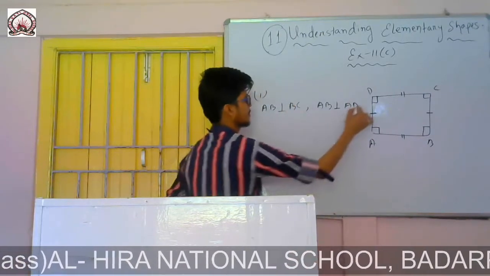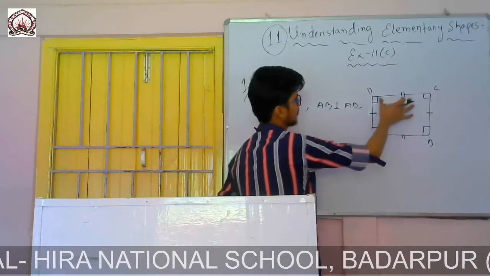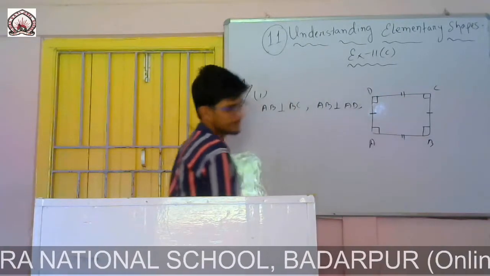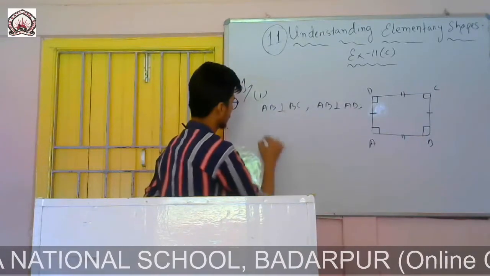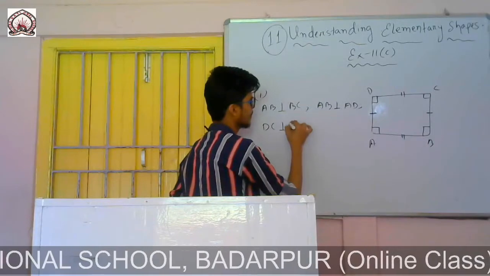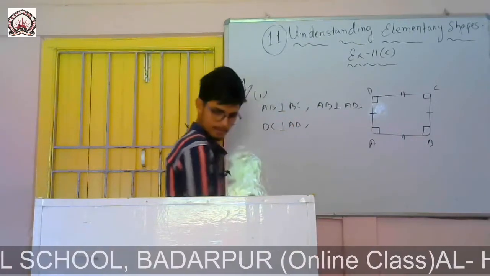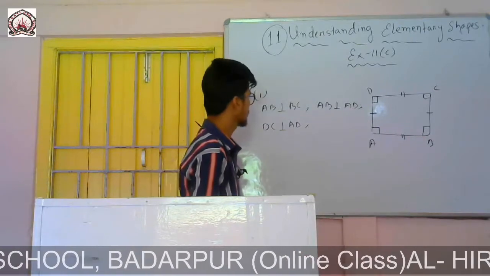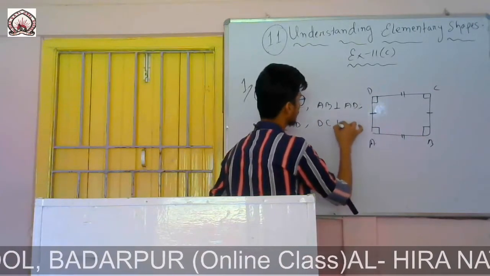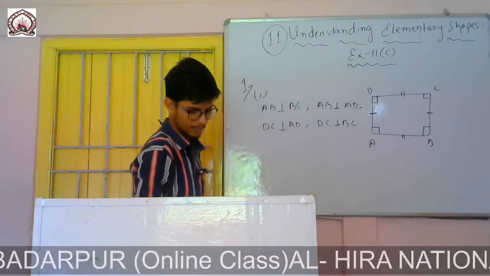Then another one, this line CD is perpendicular to AD. Then next one, DC is perpendicular to BC. So these are the pairs of perpendicular lines.